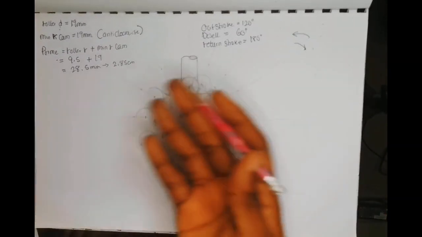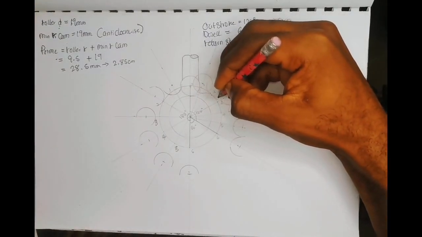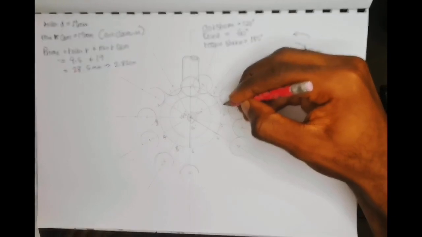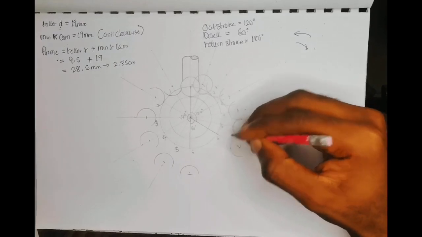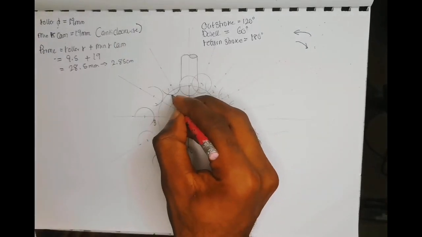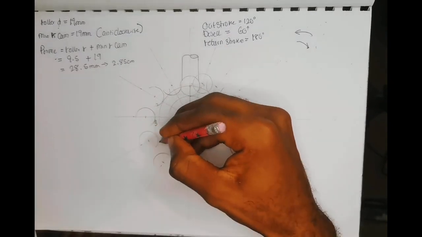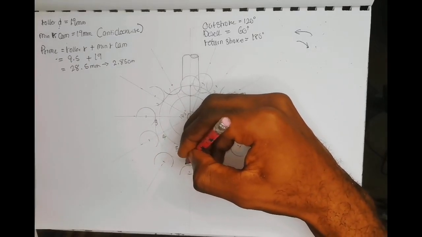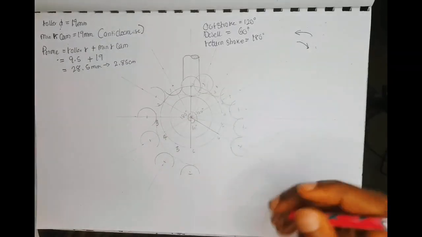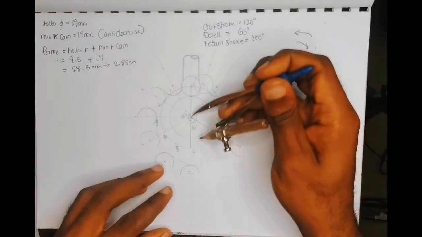You can use a French curve, but in this demonstration I'll be sketching it. Since 6 to 6 have the same measurement, a constant measurement.